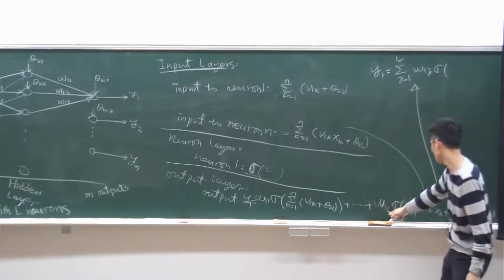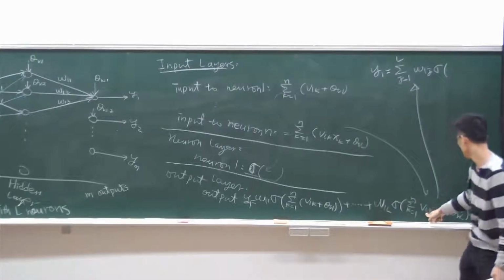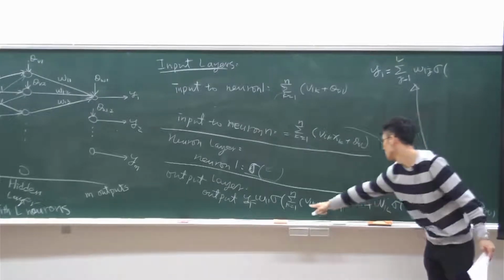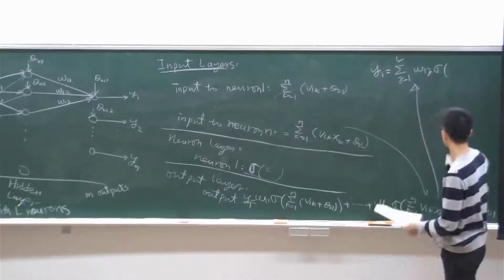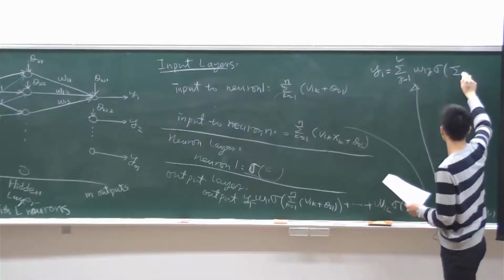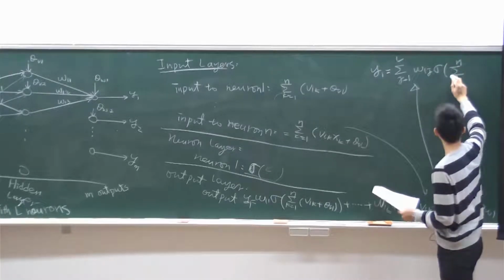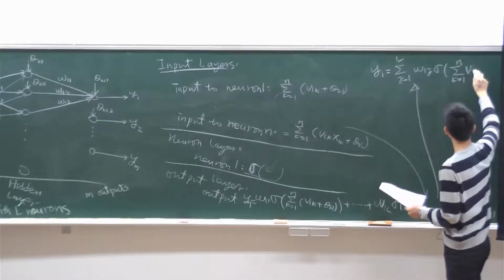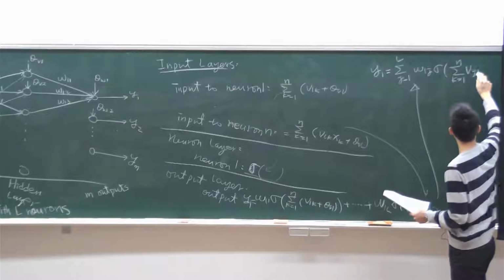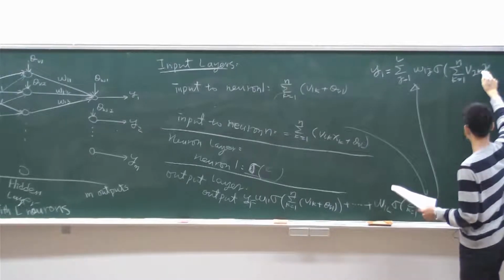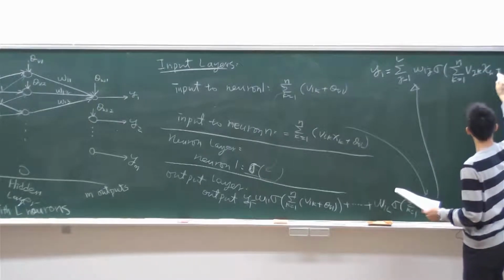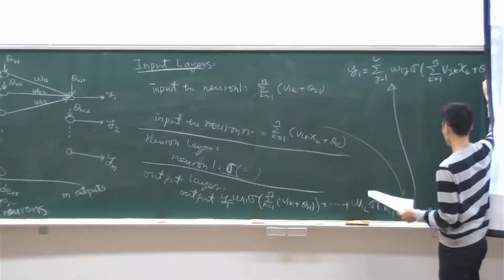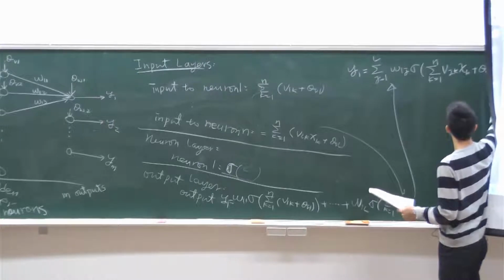And another index is this term, this index. Okay, so that's the sum over k equal to 1 to n of v_jk x_k plus theta v_j.